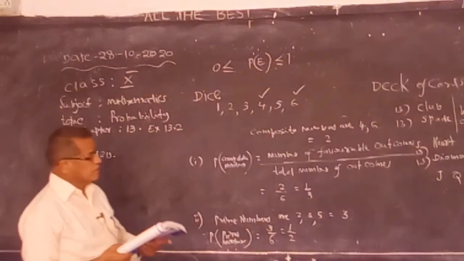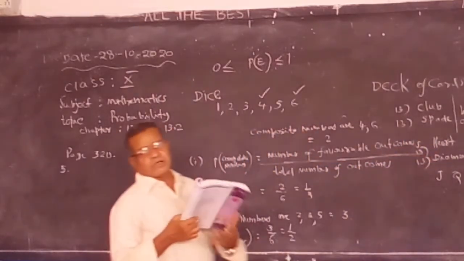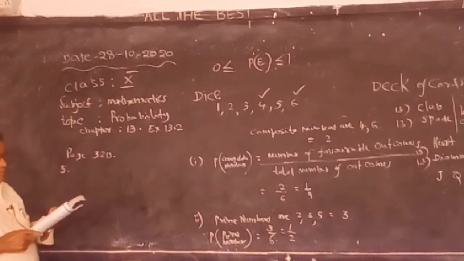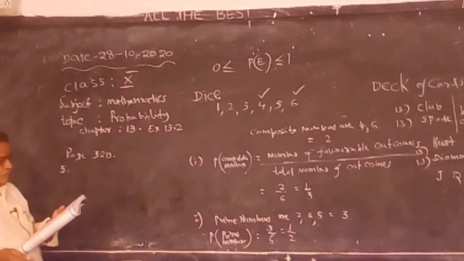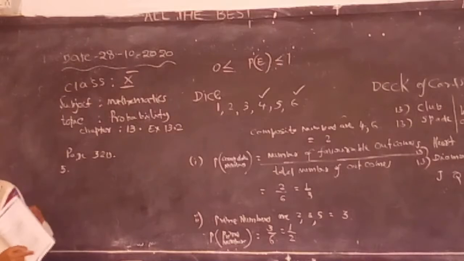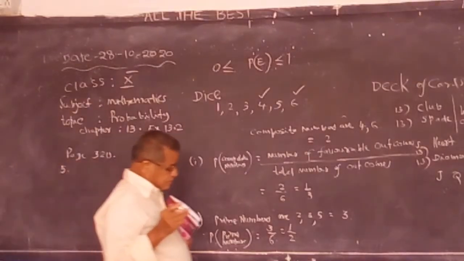How many hearts are there? 13 cards are removed from the total pack. What is the probability of getting an ace from the remaining pack? I already explained yesterday how many aces.